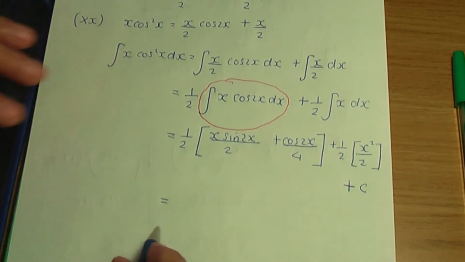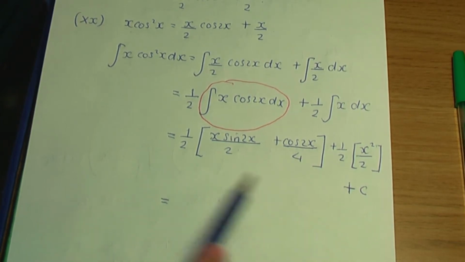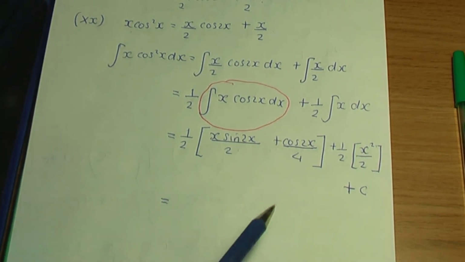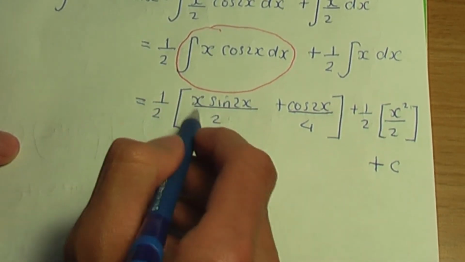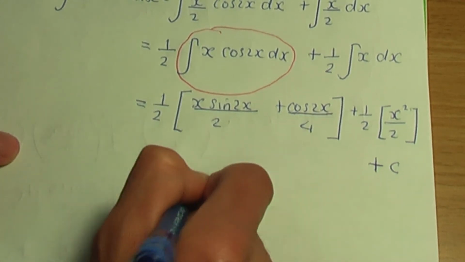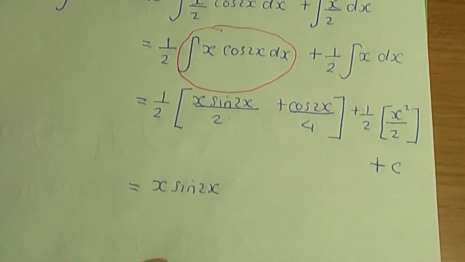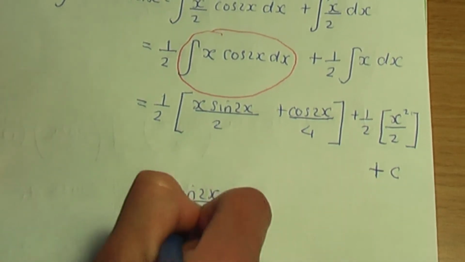So we're nearly there. What needs to be done is to multiply, so let's get rid of the brackets. Half times x sine 2x over 2 is x sine 2x divided by 4, as 2 times 2 gives 4.